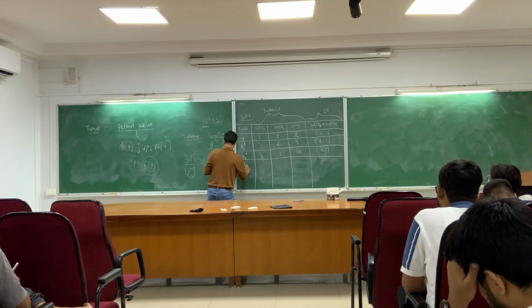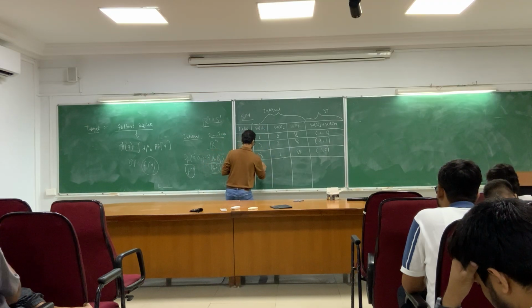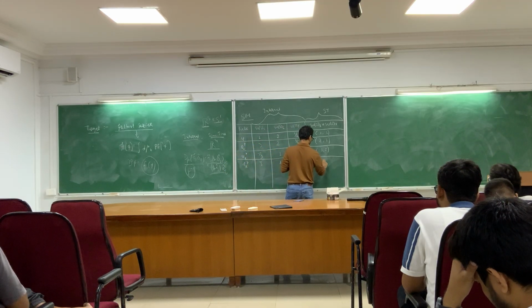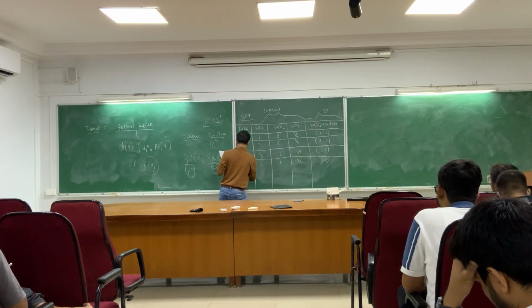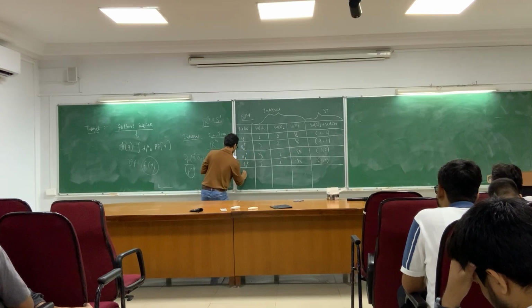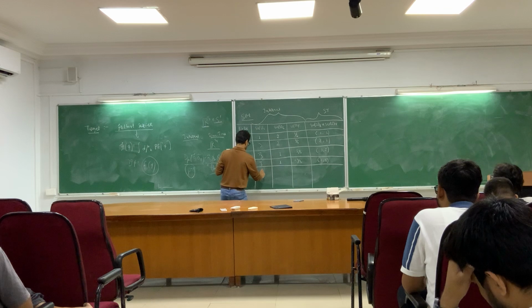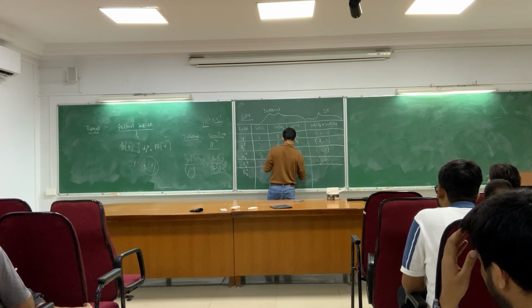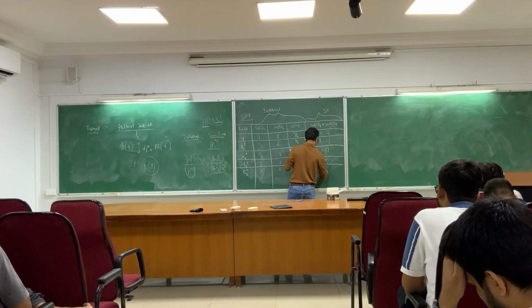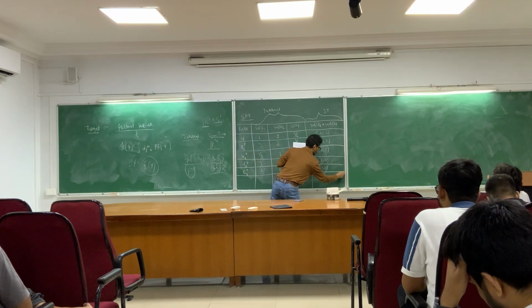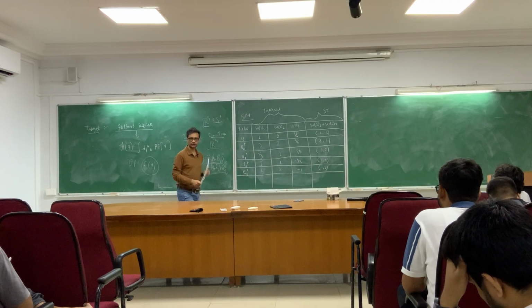And now you have a DRP which is also 3 bar, 1, minus 1/3, 1 comma 2. And then I have a right-handed electron. P, it has no color, no SU2 charge, but it has a hypercharge, and 1 comma 2. Right, up to this part, all of you agree?